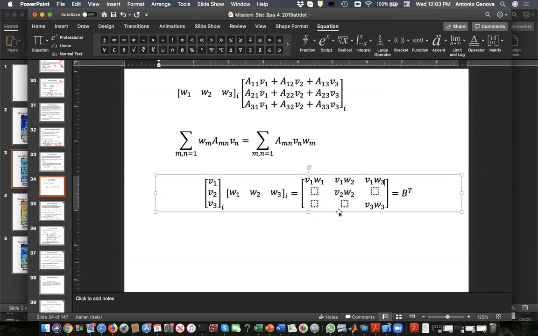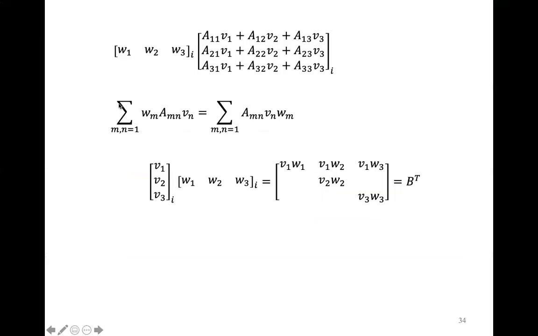So the main point here is that this product here is indeed our B transpose, okay?